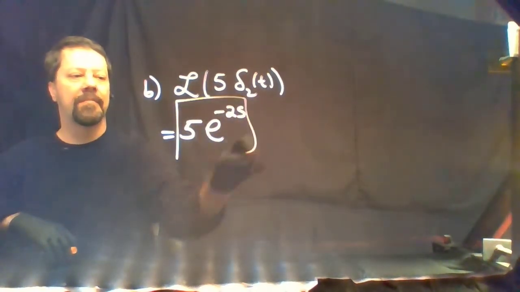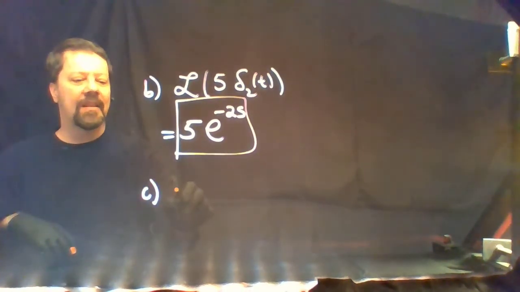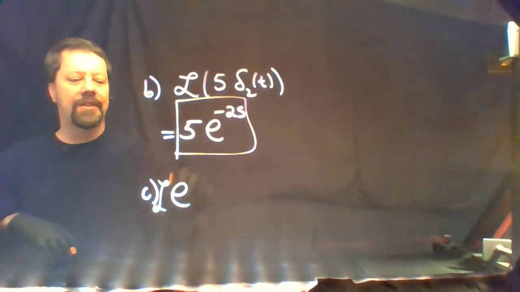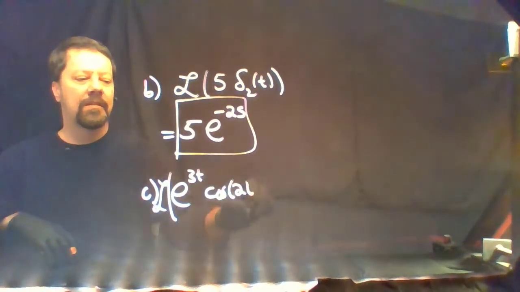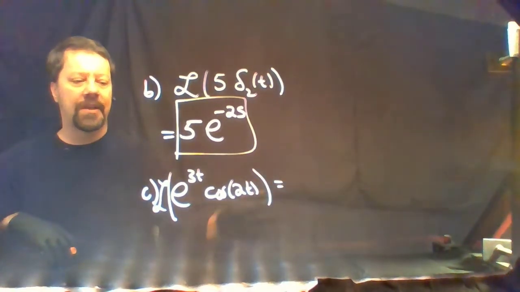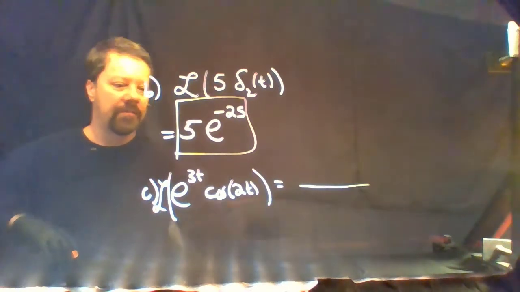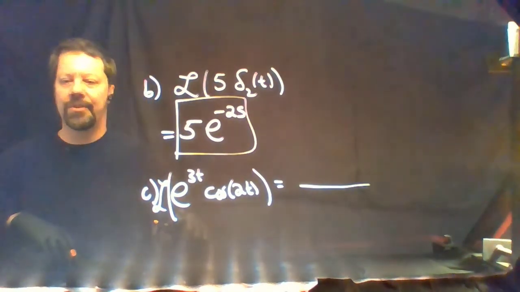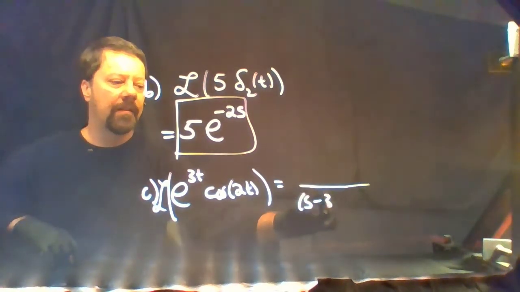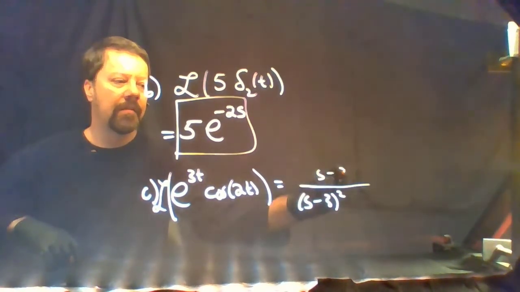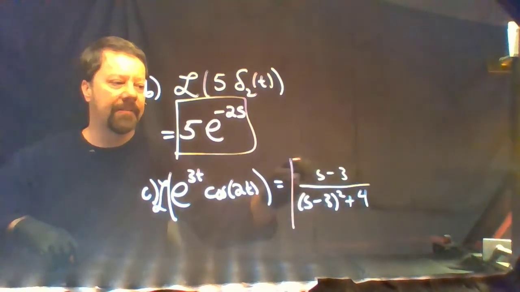C, I ask you to calculate the Laplace transform of e to the 3t cosine of 2t. Remember that the effect here is to translate by 3 units. And this gives us a plus 4 in the denominator.